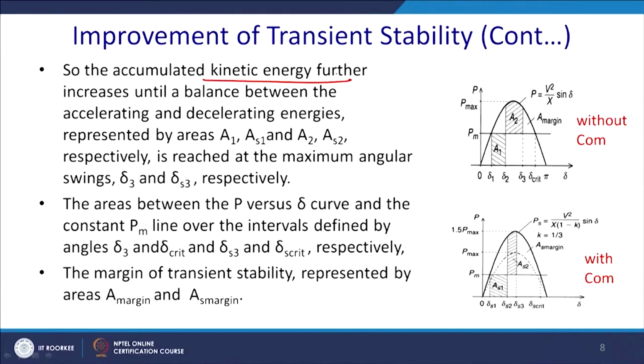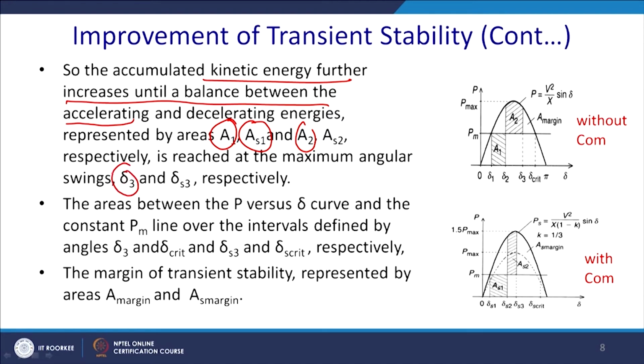The accumulated kinetic energy further increases until a balance between the accelerating and the decelerating energy, represented by the areas A1 and AS1 and A2 and AS2 respectively, is reached with the maximum angular swing angles delta 3 and delta S3 respectively.